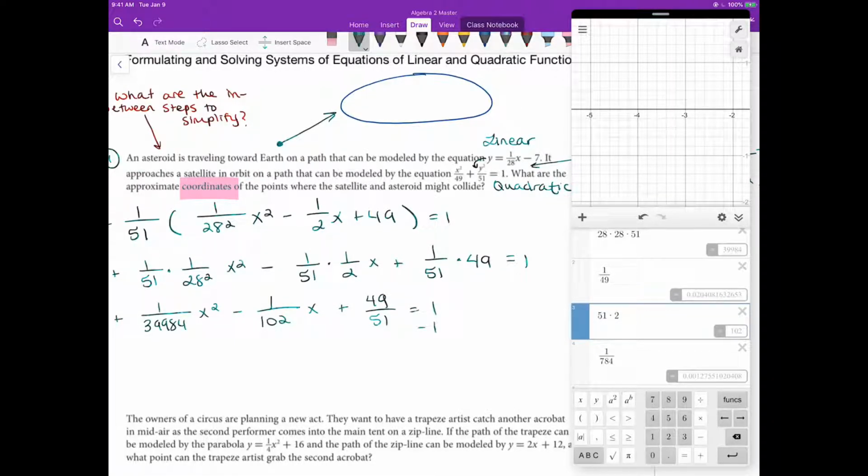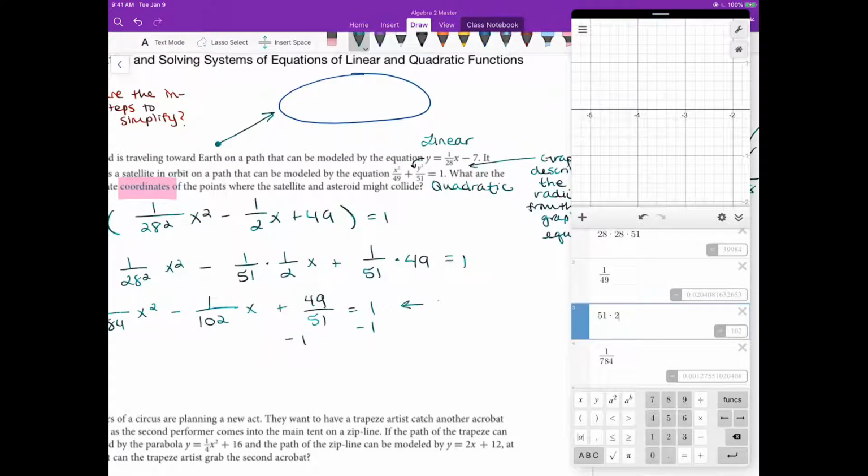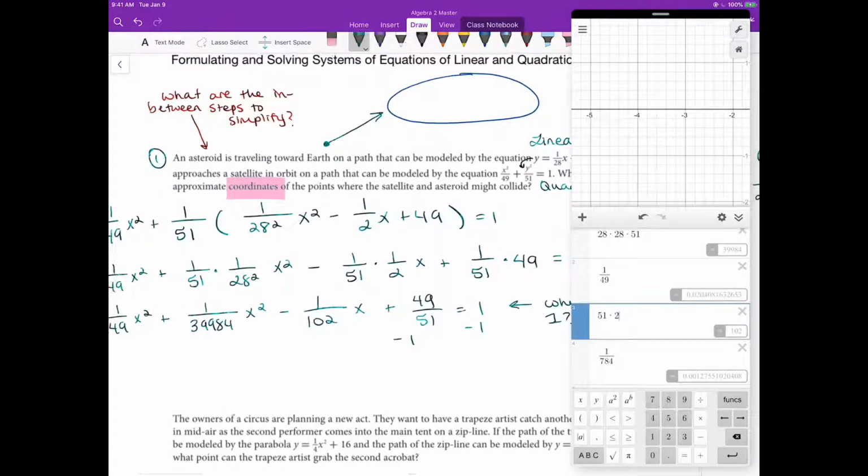This would be minus 1. Why would I subtract 1? Which would really be 51 over 51.